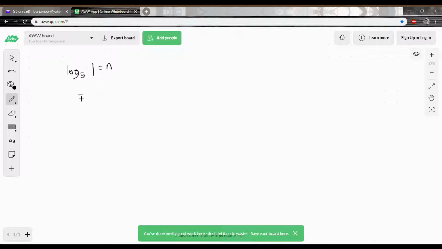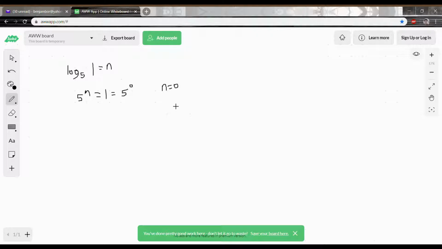That is a base of 5 raised to the n power is equal to 1. We know that anything raised to the 0 power is equal to 1. That means we can rewrite that 1 as 5 raised to the 0 power.